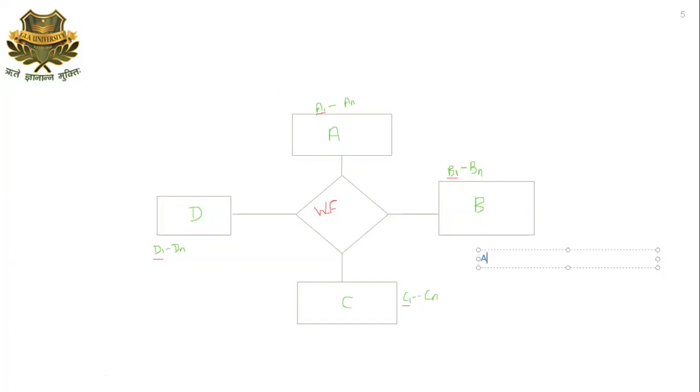A is the name of the relation, with A1, A2, up to AN. Similarly B: B1, B2, up to BN. Similarly C: C1, C2, up to CN. Similarly D: D1, D2, up to DN.